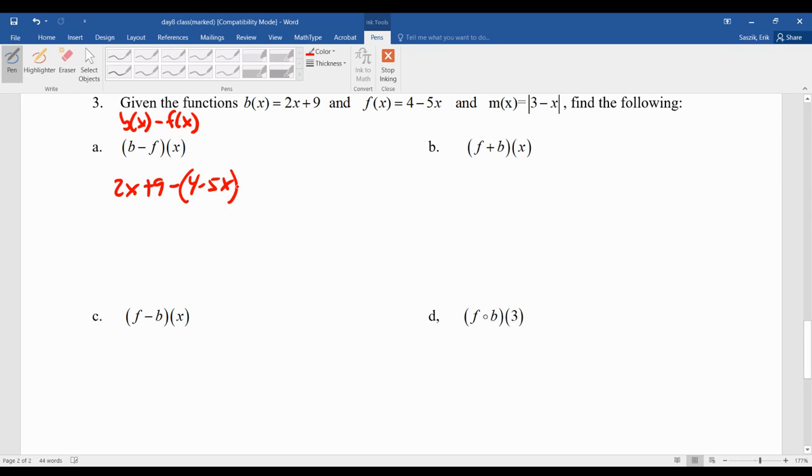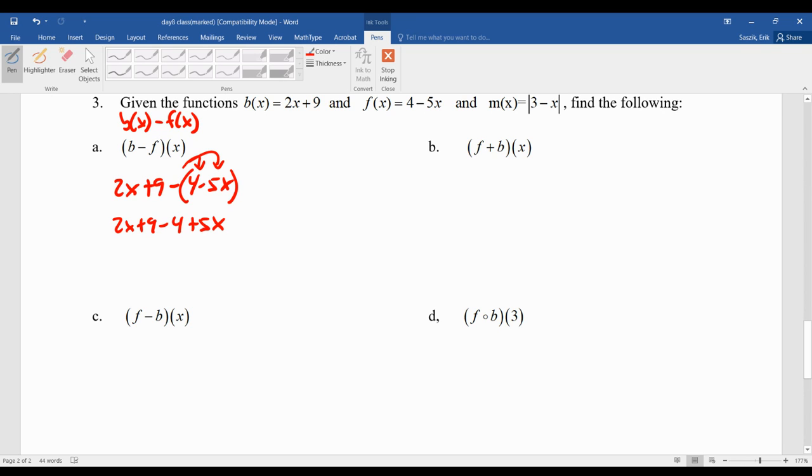So there really needs to be parentheses around this, and it makes a difference. Because now, nothing happens here in the front, but we have to distribute this -1. So you see -1 times 4 is -4, but this is the trick. -1 times -5x is positive 5x. So that's the tricky part. Make sure you have those parentheses in and you distribute the -1.